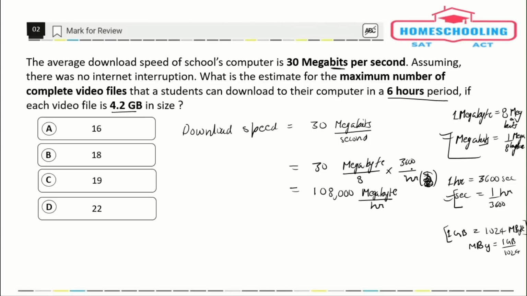I think I have made a mistake here. It would be divided by 8. I forgot to divide this by 8.